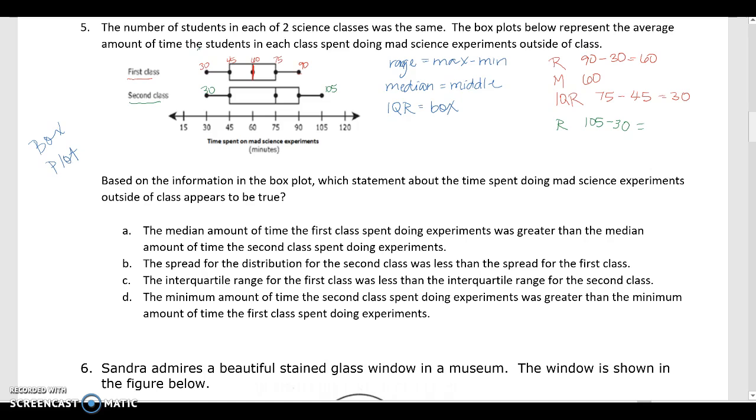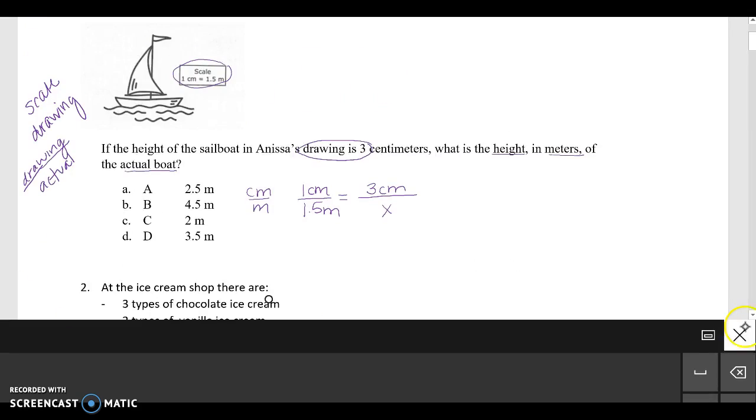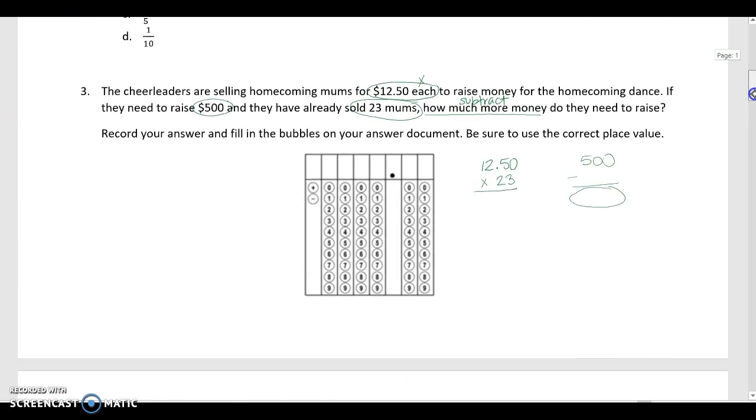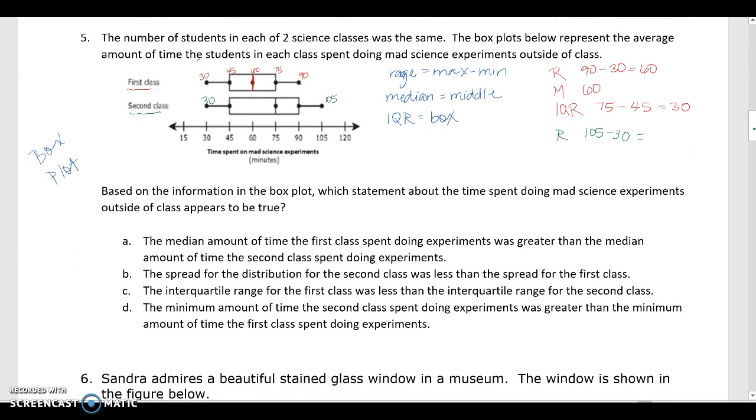So 105 minus 30 is 75. Median is the middle number, which is 75. And then IQR is the box, so 90 minus 45. So 90 minus 45 is 45. So now that you've analyzed your two box plots, you can select the correct answer.